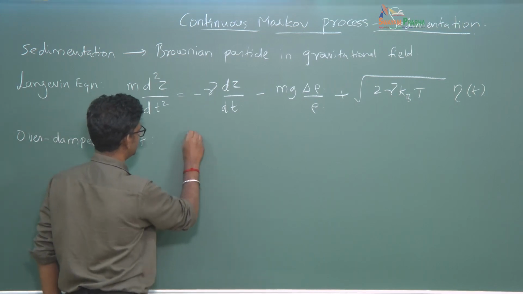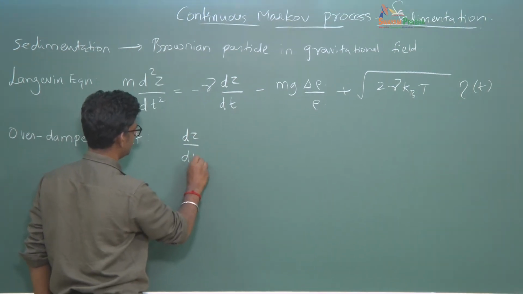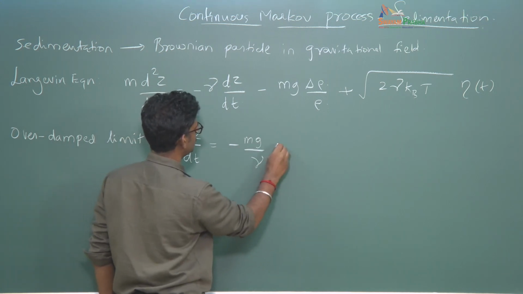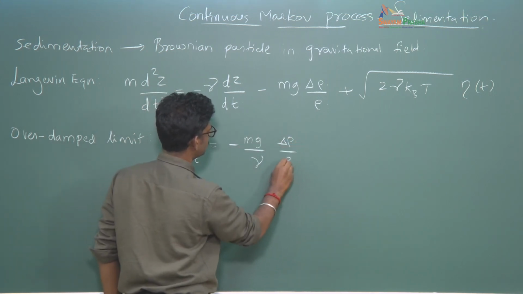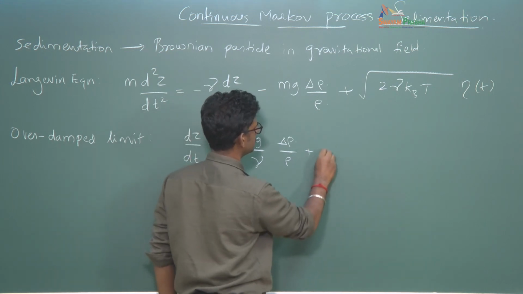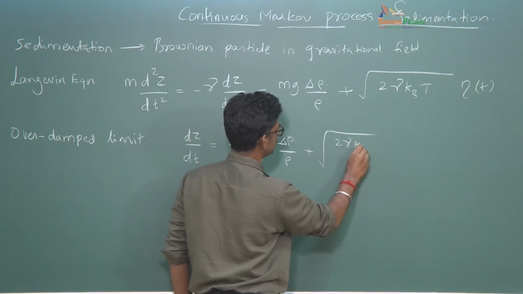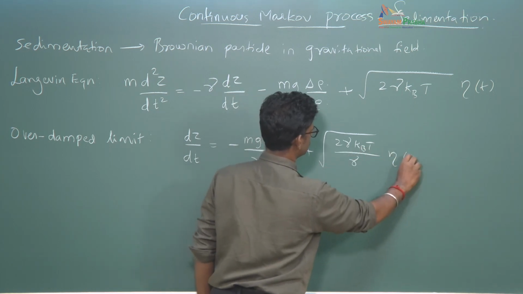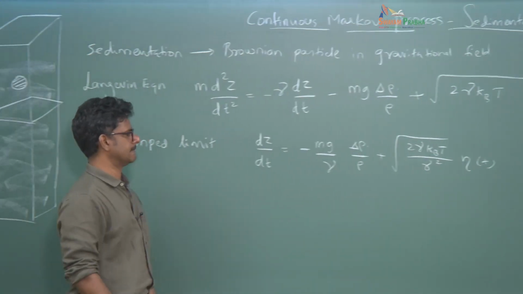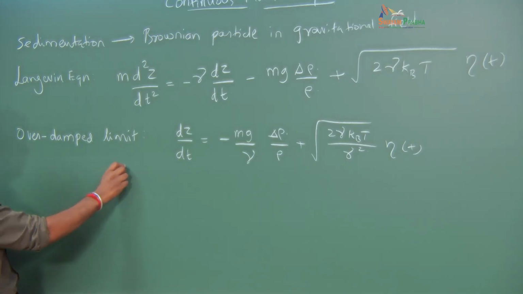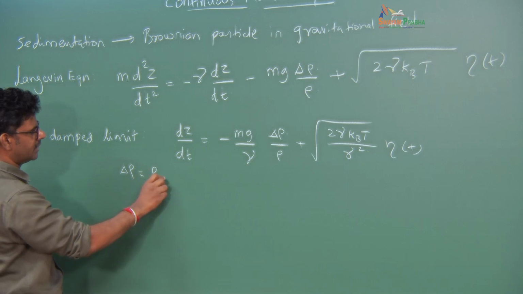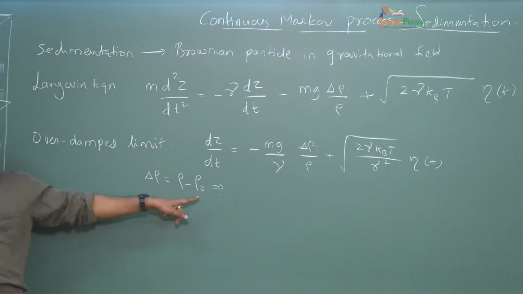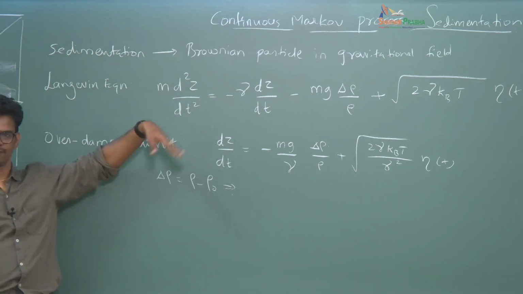So we say that dz by dt is equal to minus mg by gamma delta rho by rho plus the noise term. Here delta rho is rho minus rho naught, which is the density difference between the particle and the background fluid, the medium.